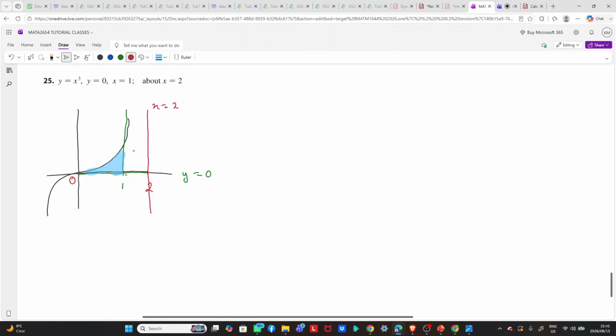Now, what is the big question? The big question comes from the idea that if you are rotating about the vertical line, which form do we like to use?